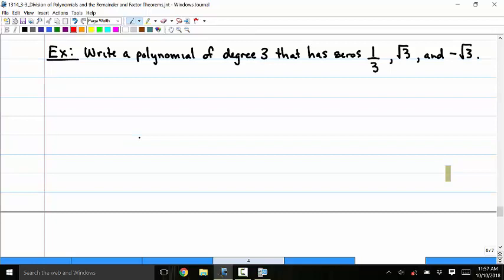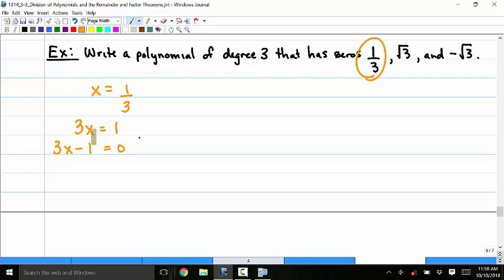All right, next concept. Write a polynomial of degree 3, so you ultimately want an x cubed. And you know the zeros are 1/3, root 3, and negative root 3. So if these are zeros, could you tell me your factors? This 0 corresponds to 3x equals 1, so 3x minus 1 equals 0.